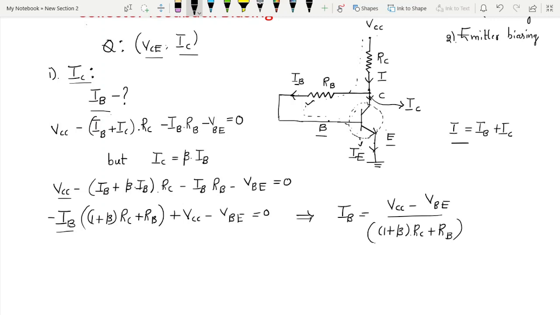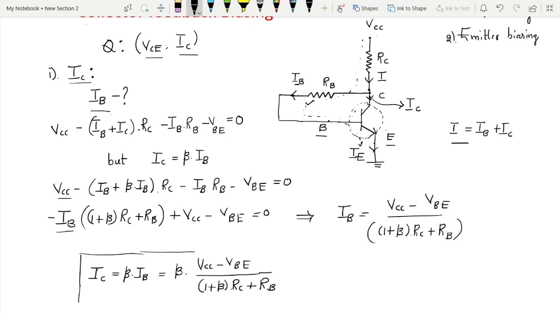What is the relation between collector current and base current? The collector current is beta times the base current. So IC equals beta times (VCC minus VBE) divided by ((1 plus beta) RC plus RB). This is the collector current equation.